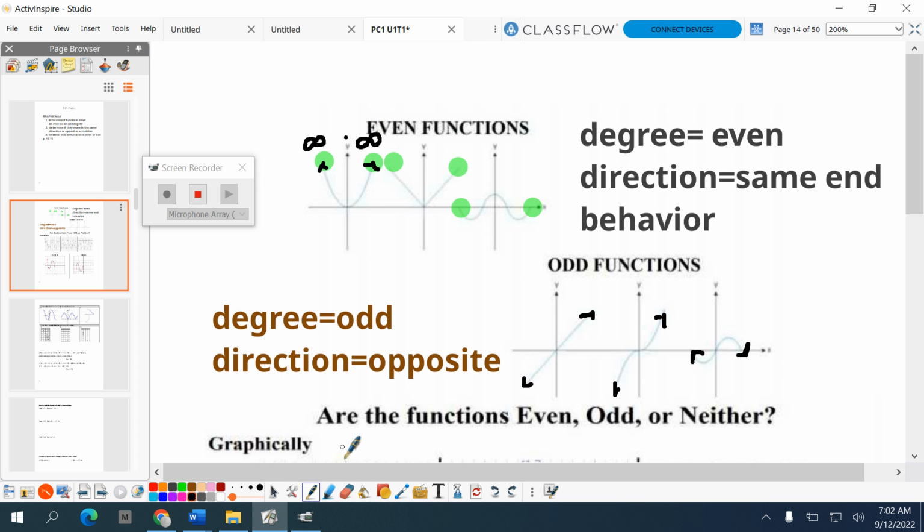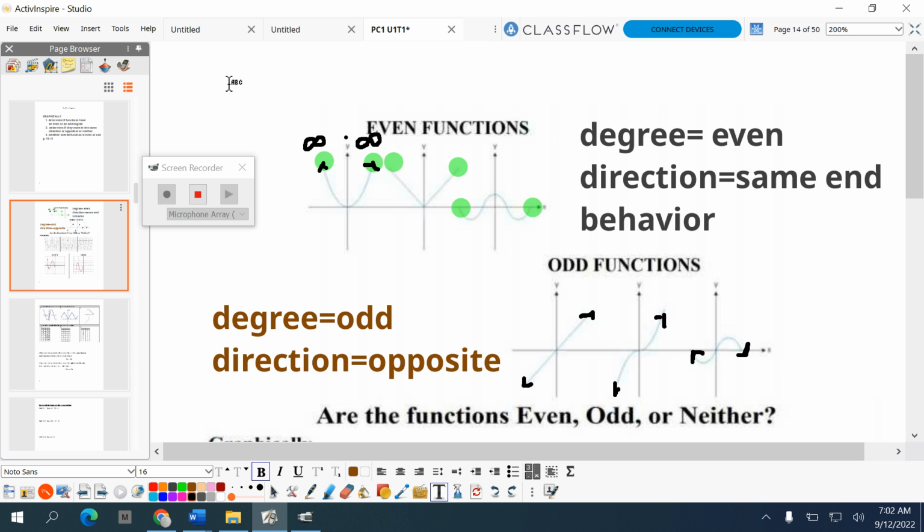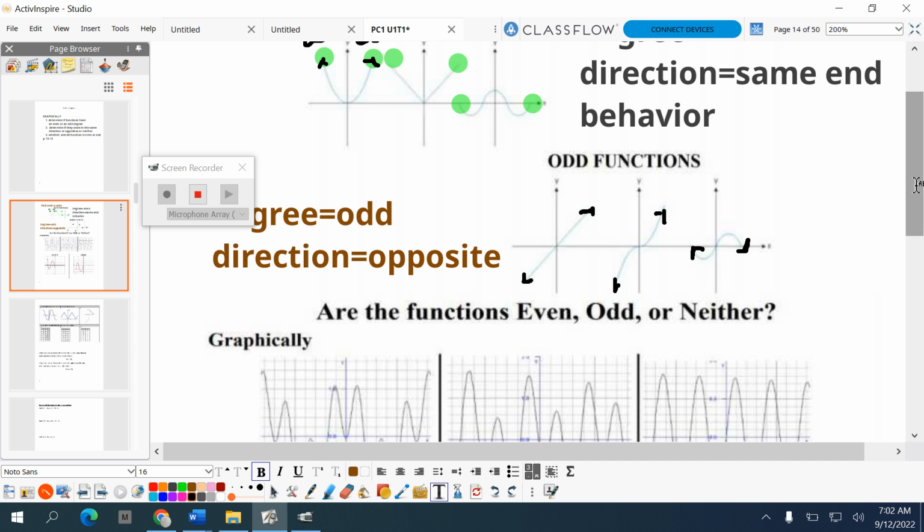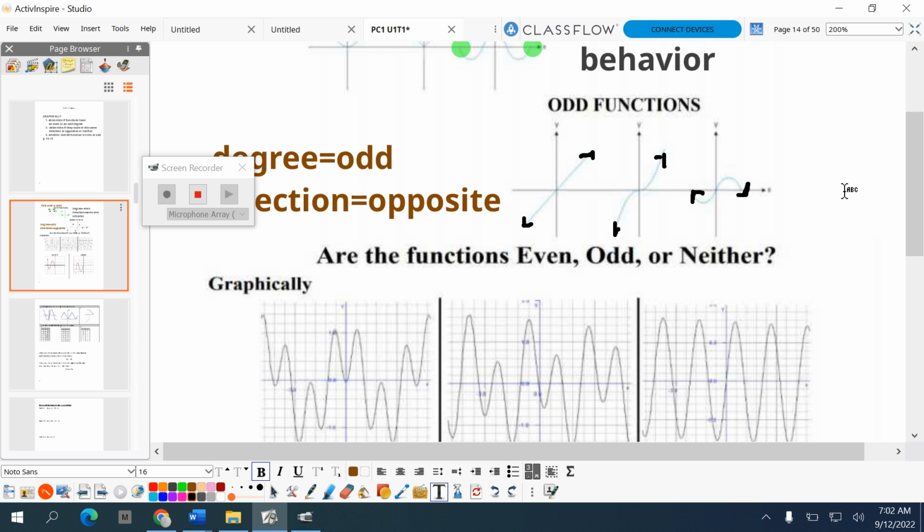With these even functions, I could fold it over the y-axis and it's even. If I can't fold it over, even though the degree is even, then it might not be an even function overall. We've got to be careful with our words here, and I'm having to be careful as well to ensure complete understanding.